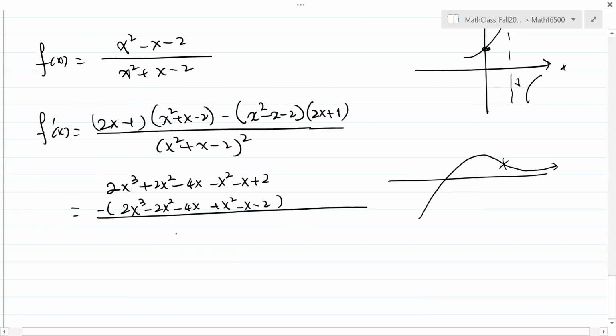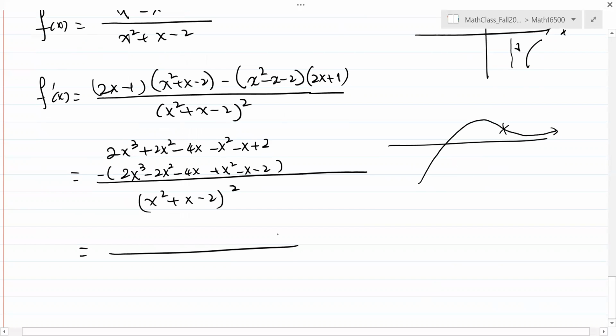Okay, let's see what we can get. 2x cubed is cancelled out. The first term is x squared, and negative x squared, so it becomes 2x squared.